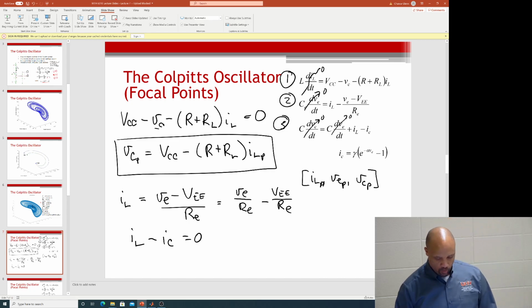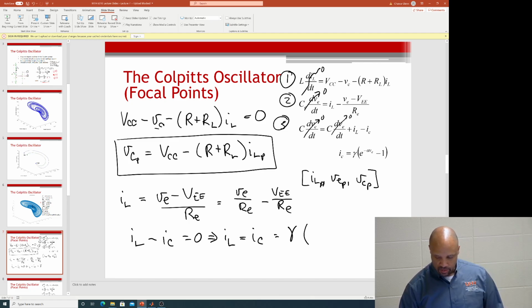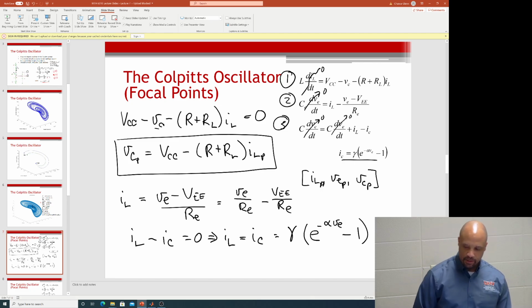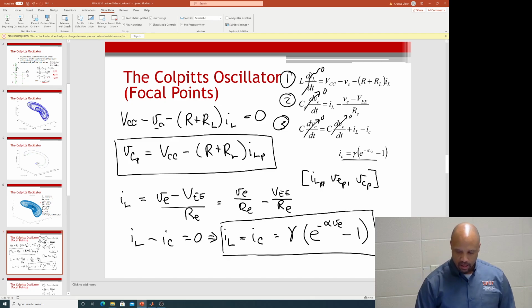Okay? Which says that IL equals I sub C, which is equal to gamma times e to the alpha VE minus 1, which is basically that, right? So IL is equal to that. So we've got some things we can work with. Got that. We also have this.